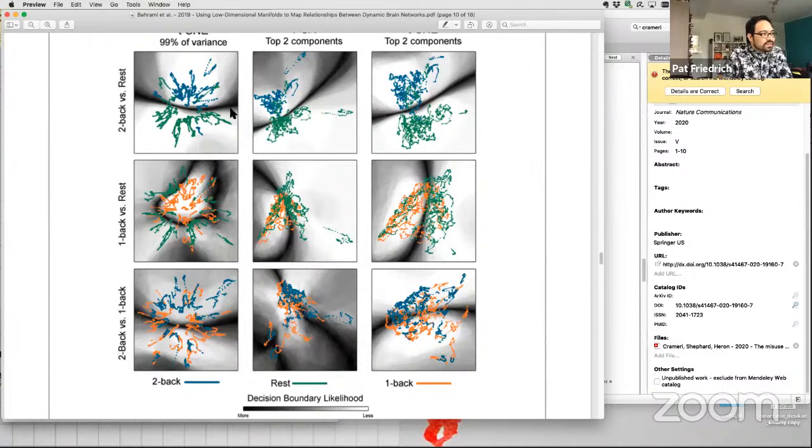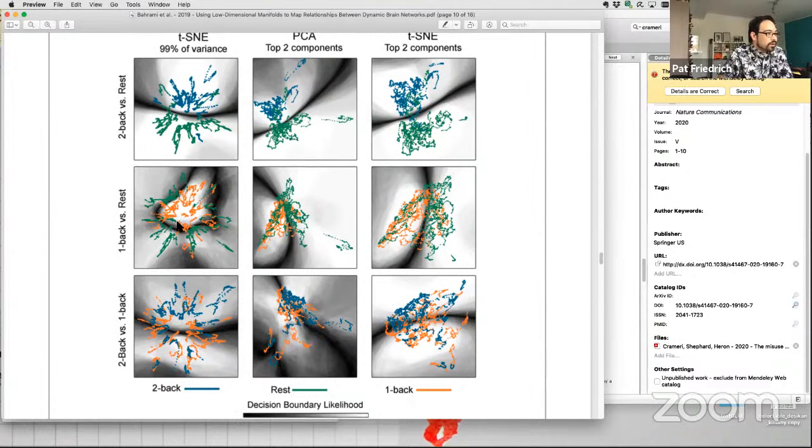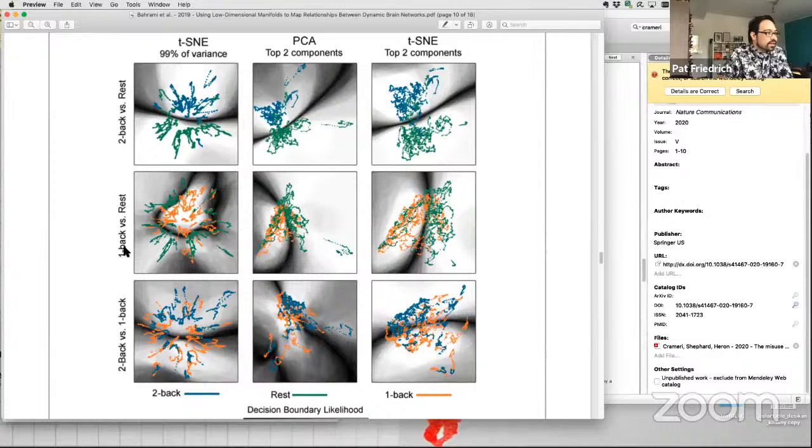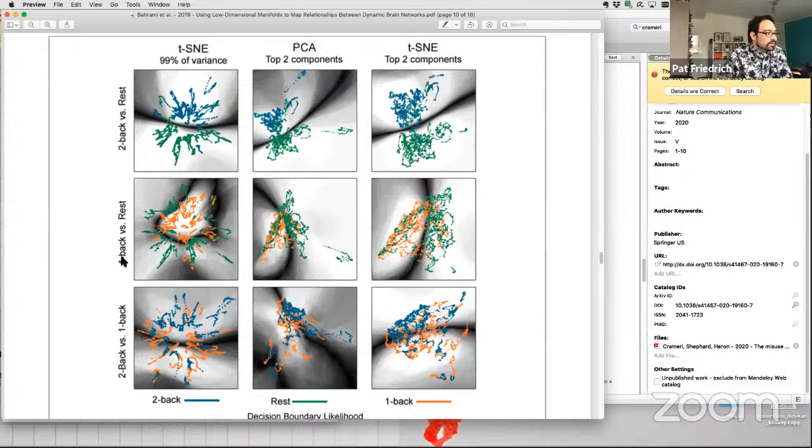Which basically just makes it easier for us again to see how the algorithm would try to differentiate between the two different conditions or groups. So what I find interesting here is, when we are looking at this one, basically t-SNE 99% just isn't able to give us any spatially meaningful differentiation.